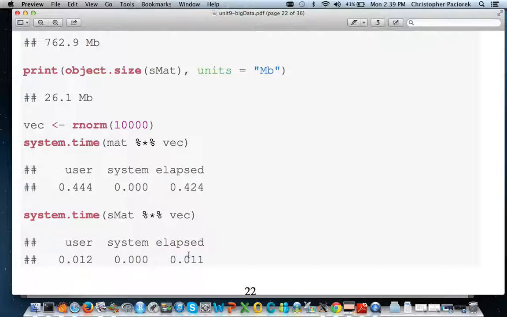Yeah, Eugene? Is this the way SPAM is implemented, or is this because of the actual sparsity? Is there an underlying C code which is not there for the regular matrix? No, because this goes directly to C code calling the basic linear algebra subroutines. So it's not that this is coded inefficiently. This is coded actually quite efficiently.